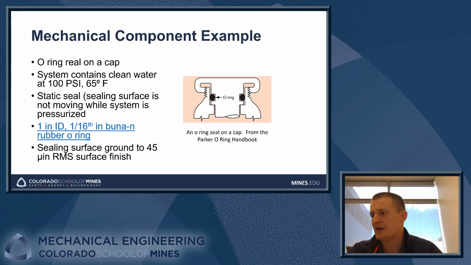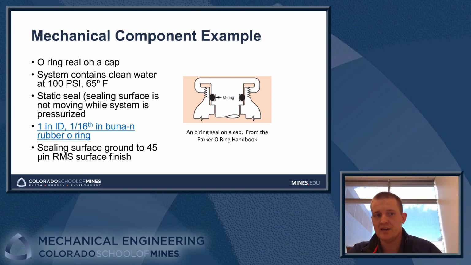So let's start off with a mechanical example. This is going to come out of our first reference, and we'll be looking at an O-ring seal on a cap. So we've got a diagram over there on the right. Essentially, there's a threaded cap. Around the stem of that cap, there's an O-ring and a groove. And when we screw on the cap, it presses the O-ring to the sides, and it seals up our fluid so it doesn't leak out of the cap.